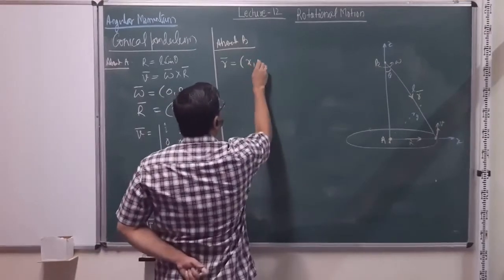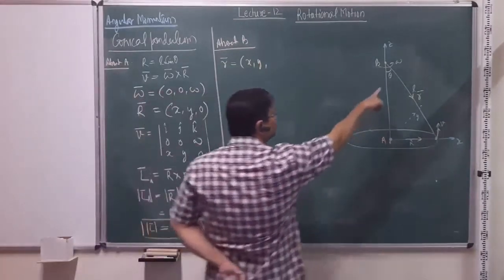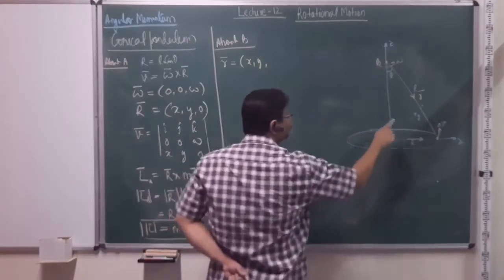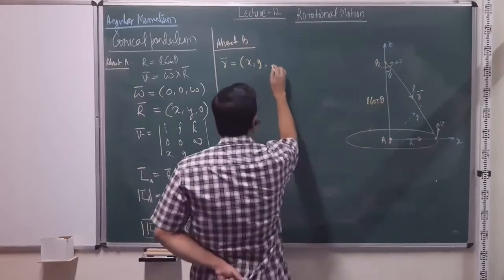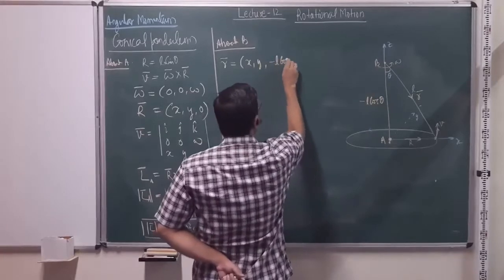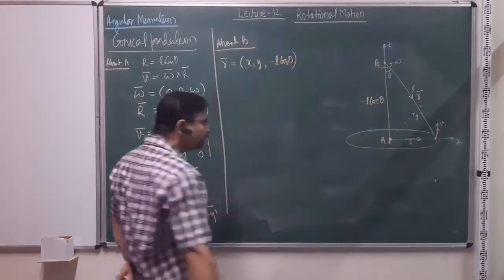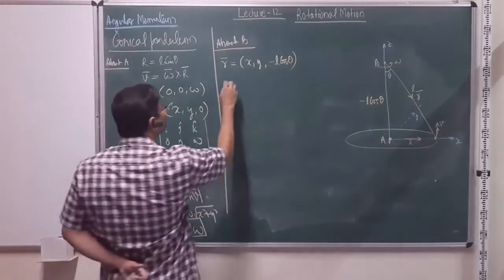So this r does not change: x i cap plus y j cap, and this additional z coordinate, which in magnitude is L cos theta, but minus L cos theta, because now this is the origin, in the k cap direction. So this is the new position vector.